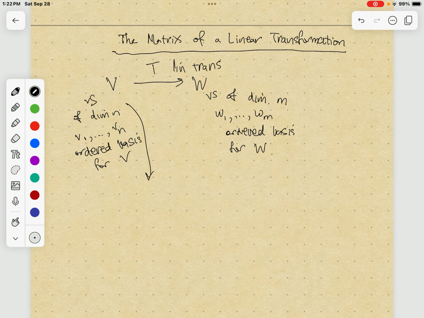It defines a map from V onto Rn, and it defines a map from W to Rm.